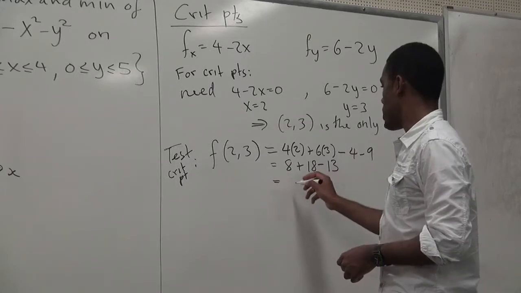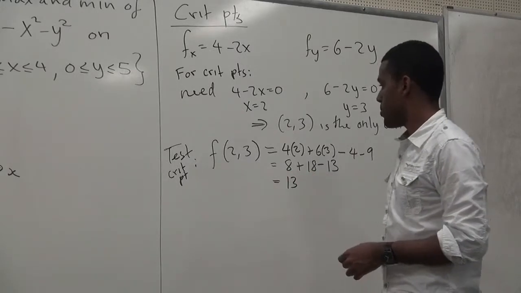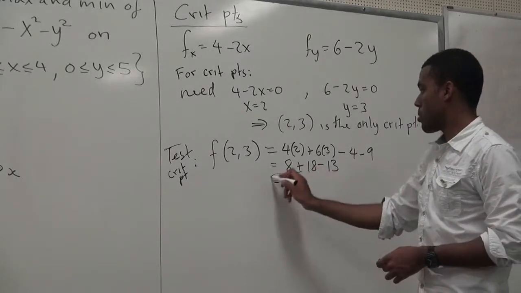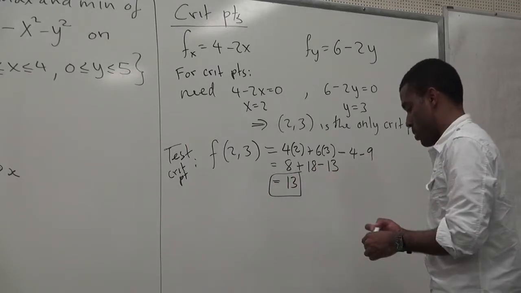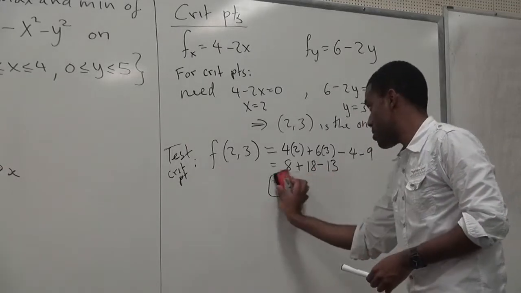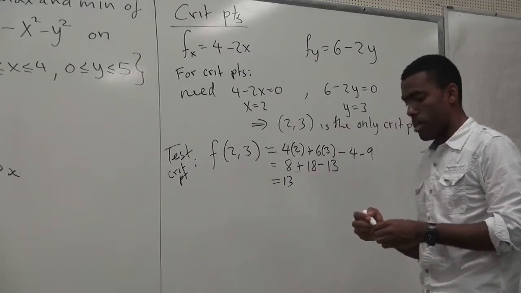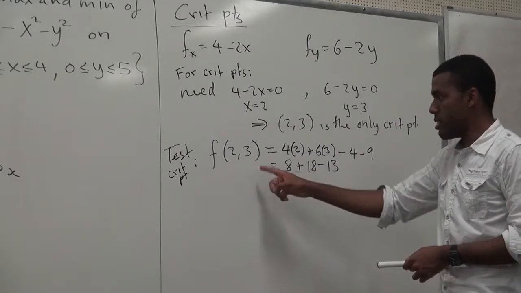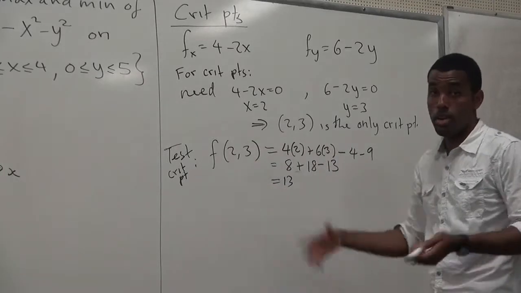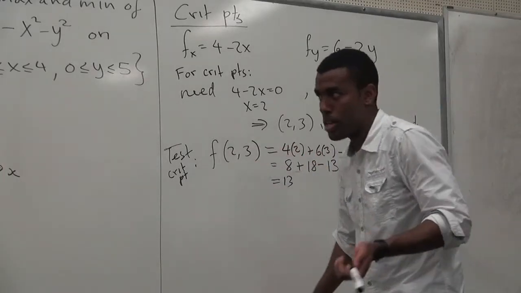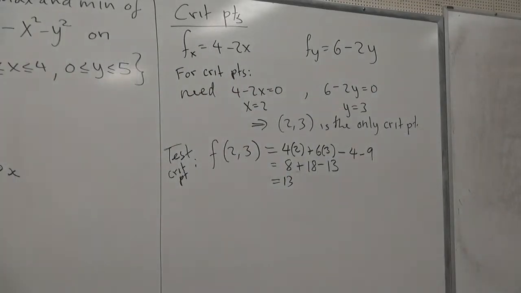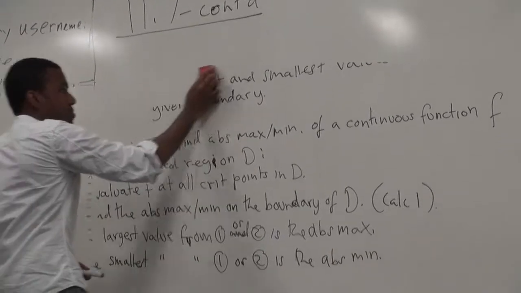So that's just 5 plus 8. I don't want to box that because I don't know if that's going to be an answer. So we find the critical points and we evaluate. The z value at that point is 13. I don't care if it's a max or a min because I only care about the value that it's giving me. So then I move on now, and I'm going to test the boundary.